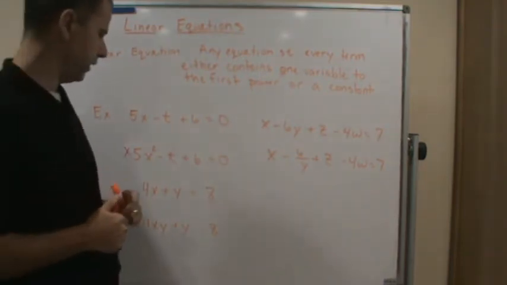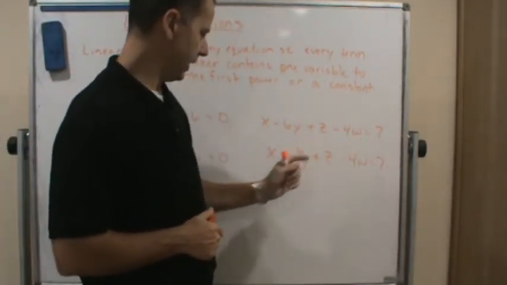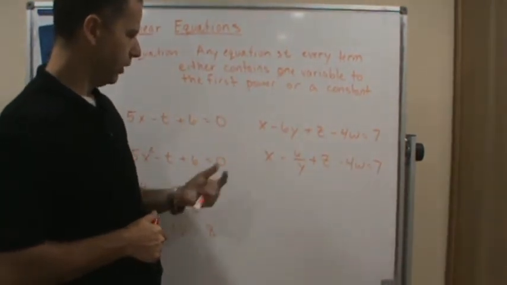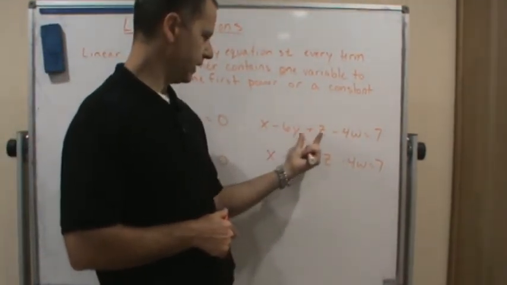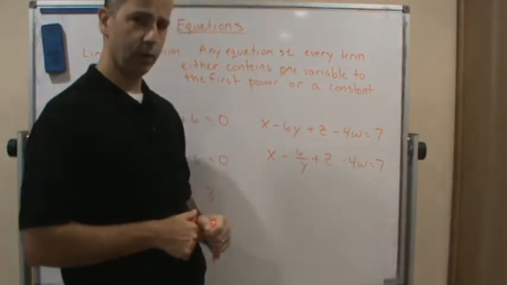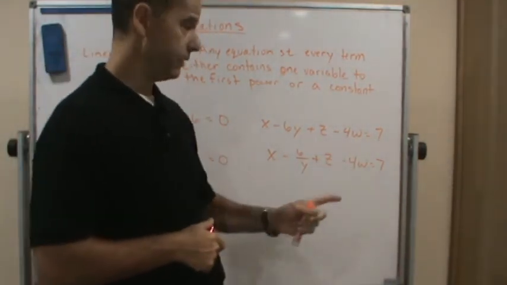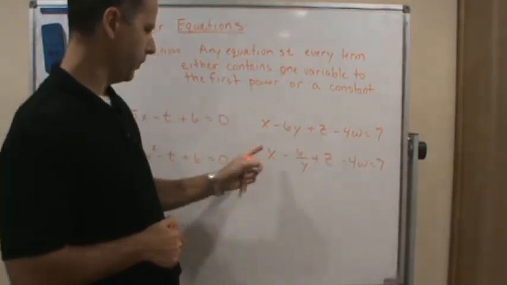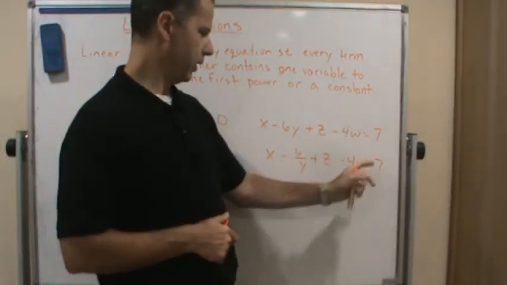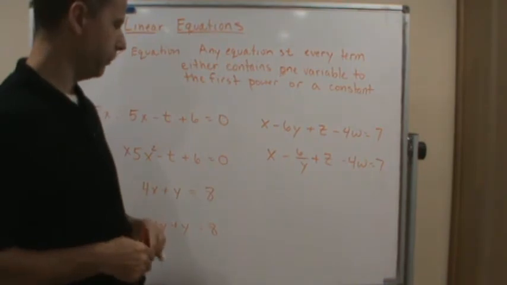And then over here, this is a linear equation in x, y, z, and w, because again, each term you can see has one variable raised to the first power and or a constant. Okay, so this is a linear equation in four variables.